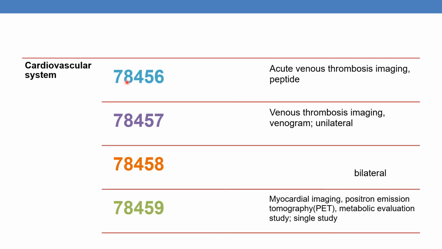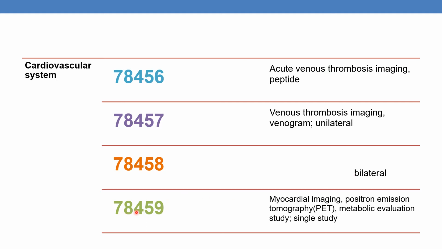The next CPT is 78456. It deals with acute venous thrombosis imaging, peptide. The next is 78457. It deals with venous thrombosis imaging, venogram, unilateral. The next is 78458. It deals with venous thrombosis imaging, venogram, bilateral.